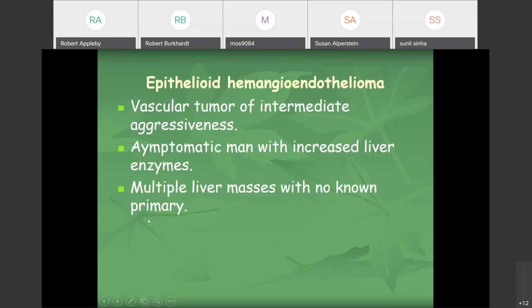Multiple liver mass with no primary. It's a very important diagnosis because if you can diagnose it, the patient would be eligible for a liver transplant and he'll be cured. And when you suspect this, you need a cell block or core biopsy to make the diagnosis.